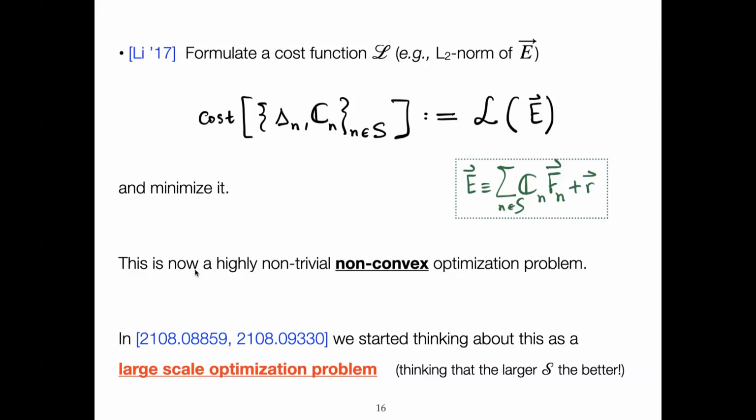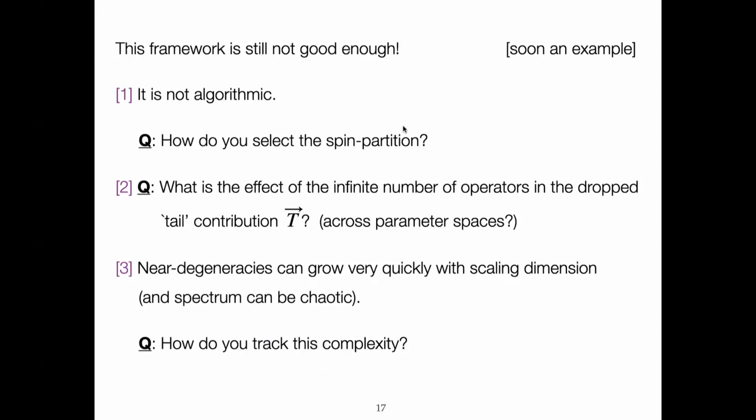So how do you know how many to include? In previous approaches, these operators were selected essentially ad hoc, or they were trying to rediscover some known theory, and you cheat a little bit and you put the operators that you know are important. The second question is, what is the effect of the infinite number of operators in the dropped tail contribution?